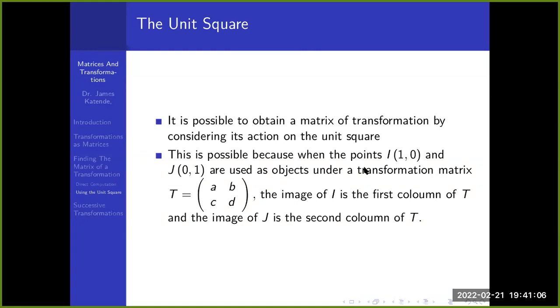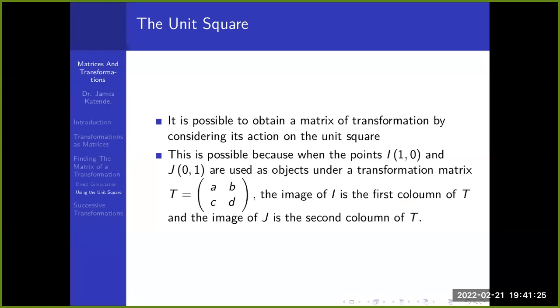If you pick these 2 points on the unit square, the points 1, 0 and 0, 1, and use them as objects under some transformation matrix, the image will simply be the columns of the matrix. So this is where we get the idea.